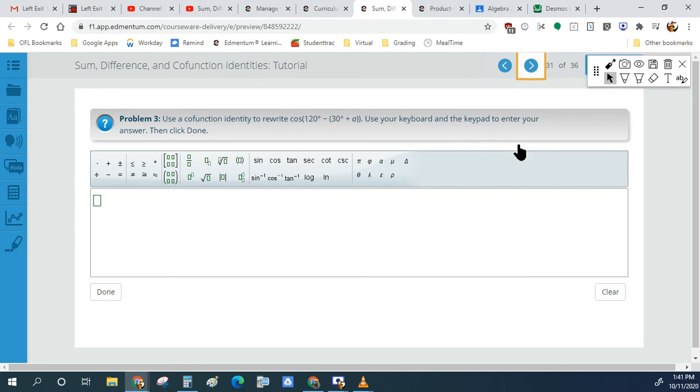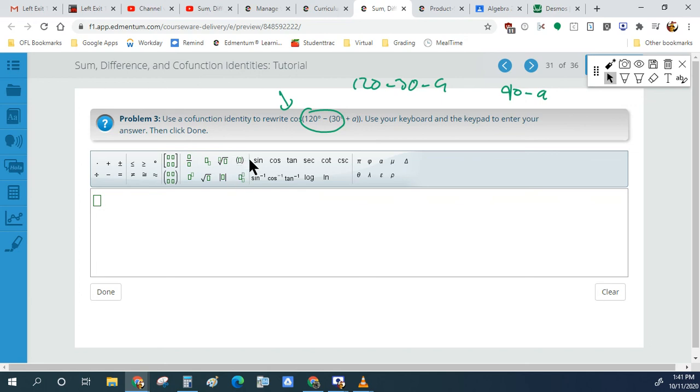All right. So if I look at this, they're trying to trick you. It's just a very fancy way of saying if you distribute this as 120 minus 30 minus a. So this is a fancy way of saying 90 minus a. It's kind of tricky. So then let's look at the cofunction. So the cofunction of cosine is sine.